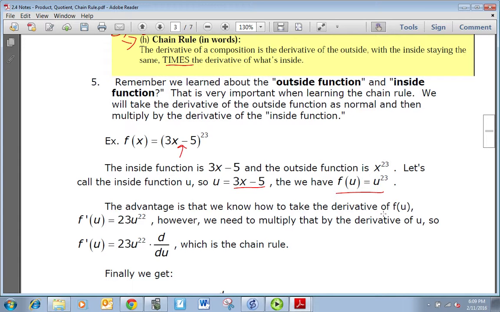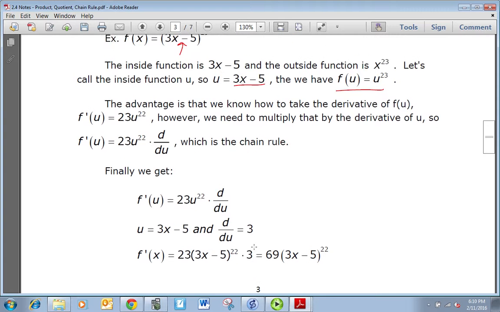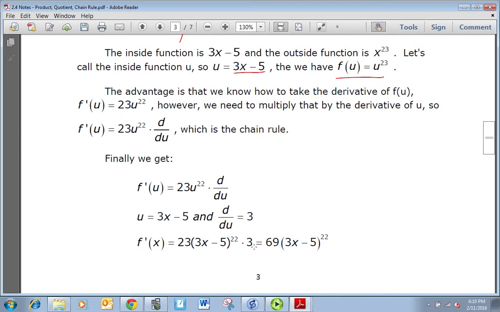However, you need to multiply that by the derivative of whatever u is, and that's the chain rule. So we get 23u to the 22nd power times du/dx. And the derivative of 3x minus 5 is just 3. So du/dx is just 3.